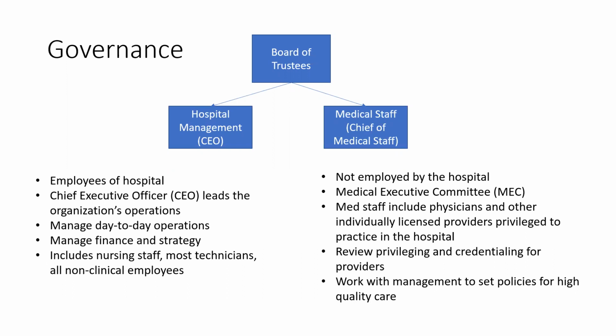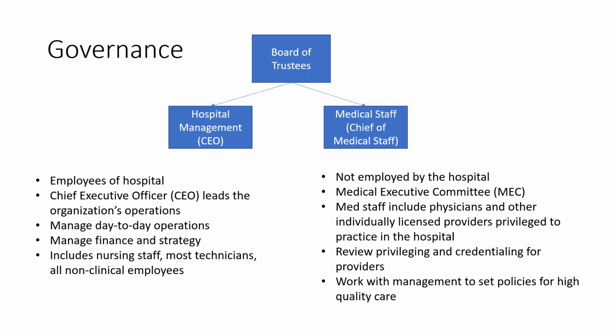If you're thinking of the American Cancer Society, a soup kitchen, a church, anything like that, there's going to be a board of trustees if the organization is a not-for-profit. And that board of trustees is responsible for making sure that the organization runs and operates to support the community that the organization exists to serve.